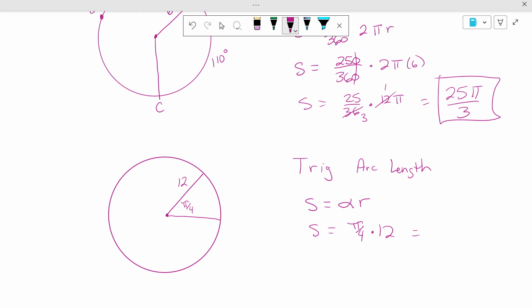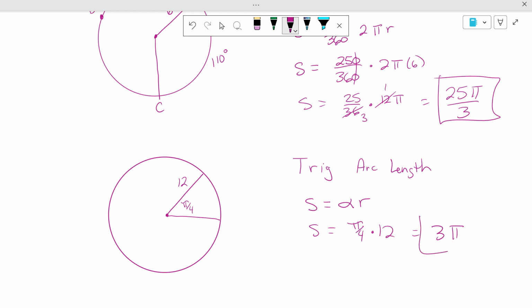So what's pi over 4 times 12? I don't care about the stupid calculator. How many pi is that? 3 pi. Because 12 over 4 is 3.